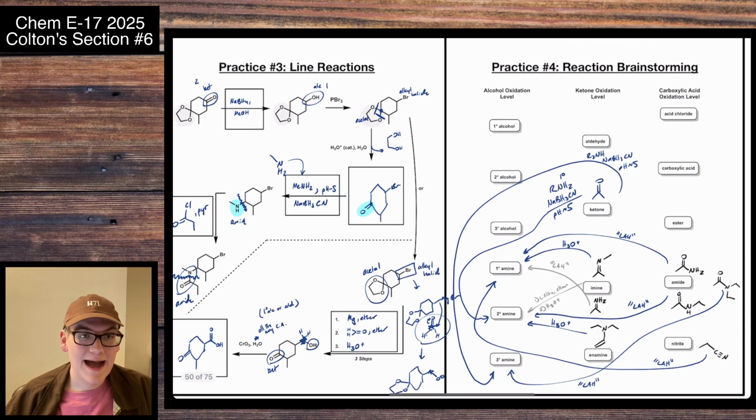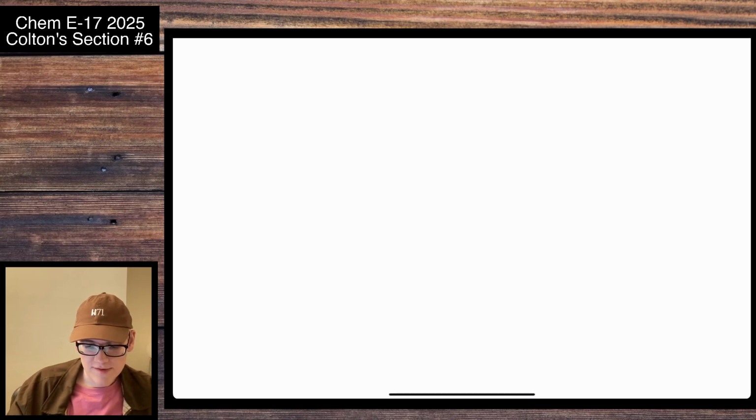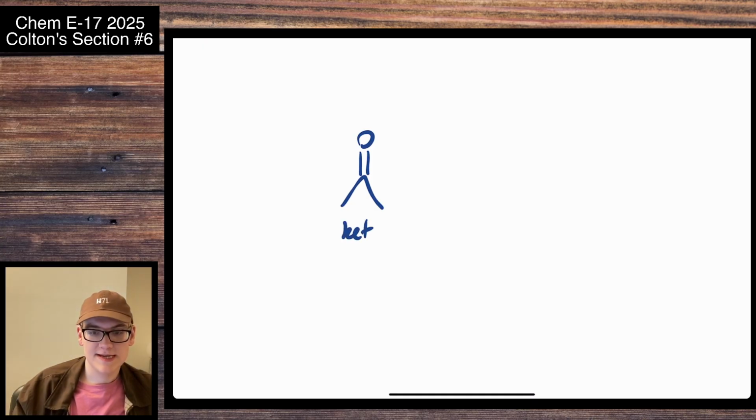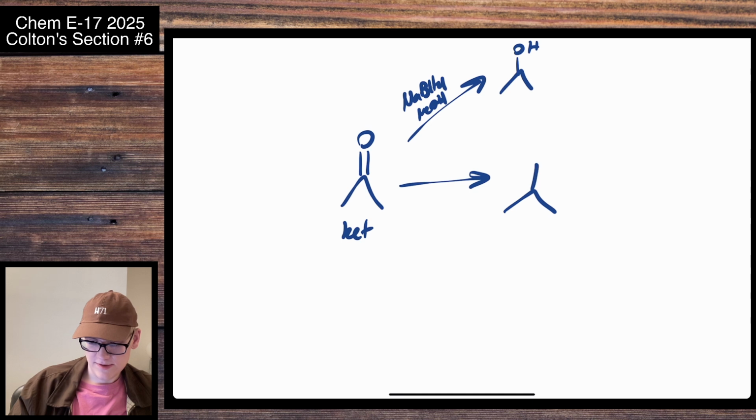Another way I like doing these that I think is a little bit more manageable is a single reaction web. So starting off with something like a carbonyl or a ketone and saying, what are all the reactions I can do from this? Well, I could use sodium borohydride and I could turn that into an alcohol. I could do the reductive amination and do NRH, and that's an amine.